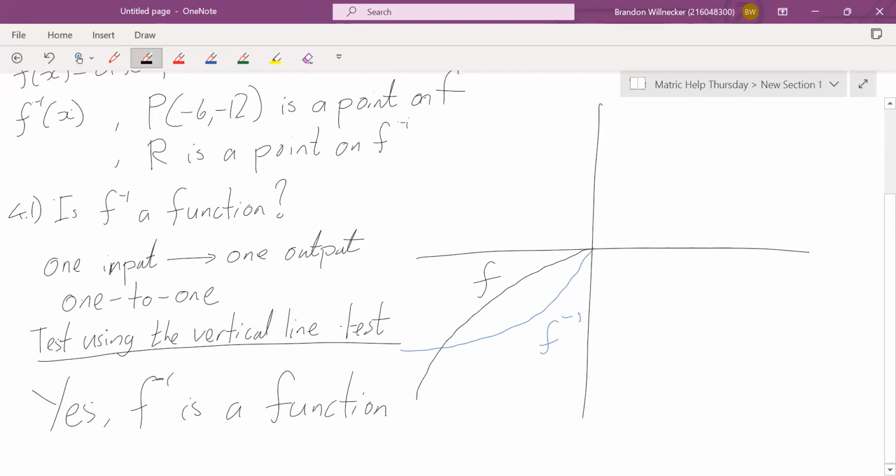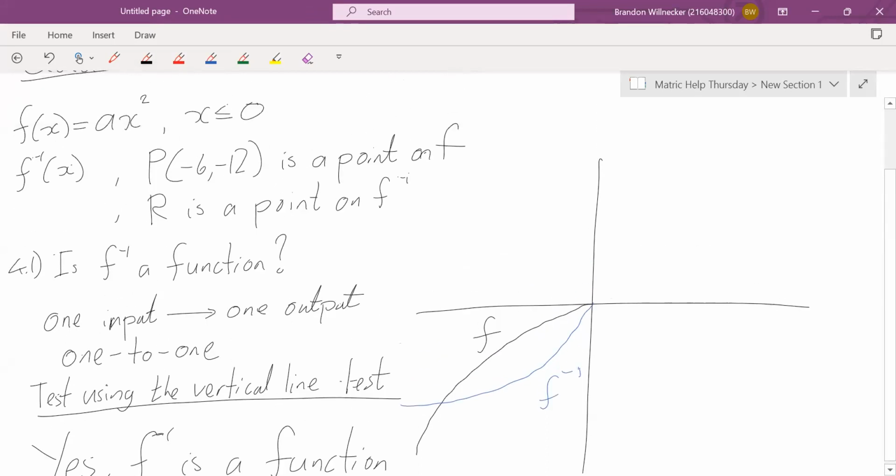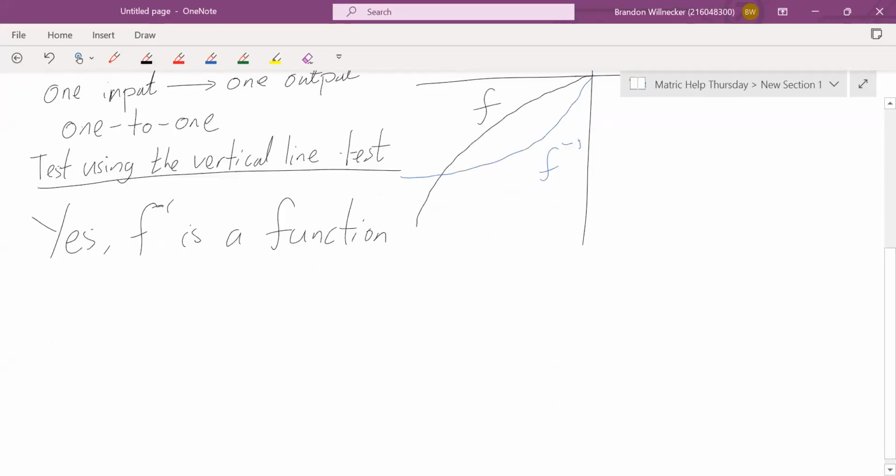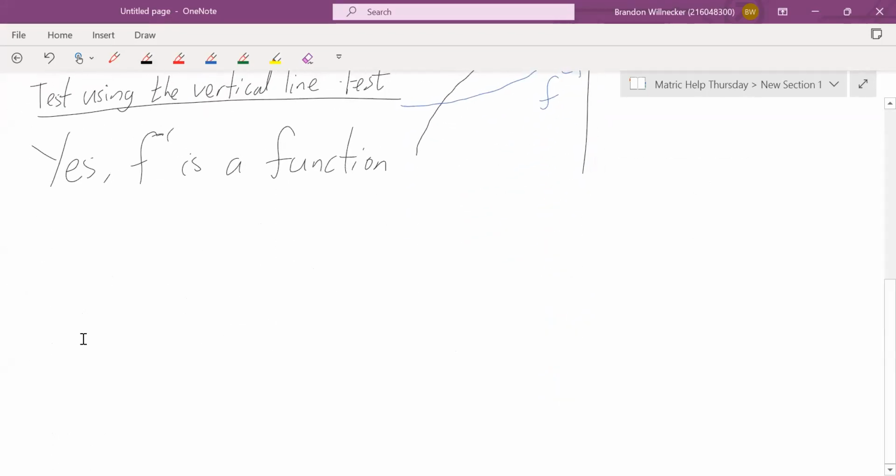Okay, next question here. Okay, if R is the reflection of point P about the line y equals x, what is R? Okay, so we've got P is -6 -12. We do the reflection about y equals x. Remember, that's just swapping x and y, and we get R. So 4.2.